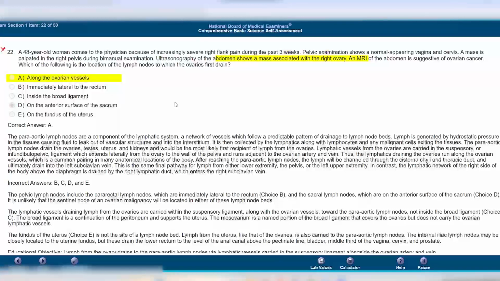Does it make sense what I'm trying to say? Yes. So you can just follow it that way. If you do it by memorization, that's going to be very difficult, you have to memorize every single little thing. But now you have a generalized idea of where lymphatics drain, so you can work your way from that.